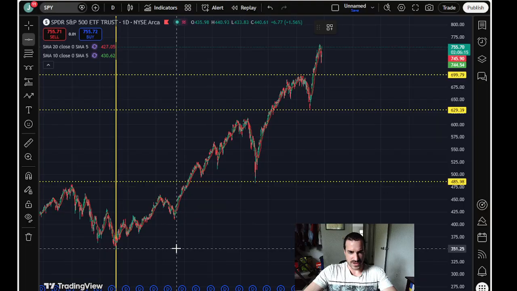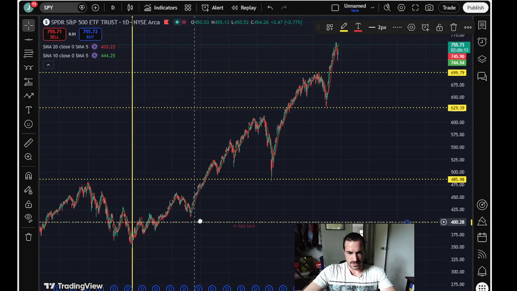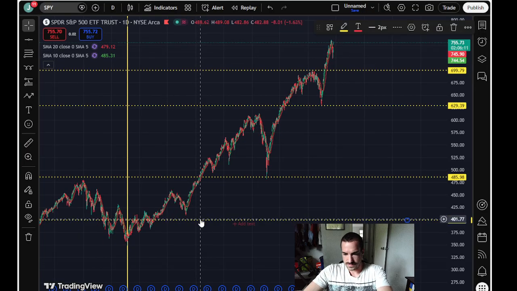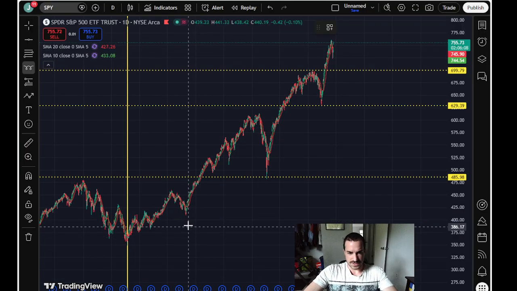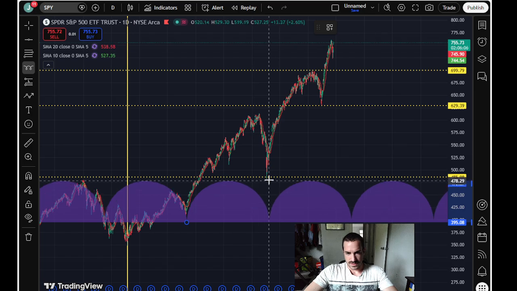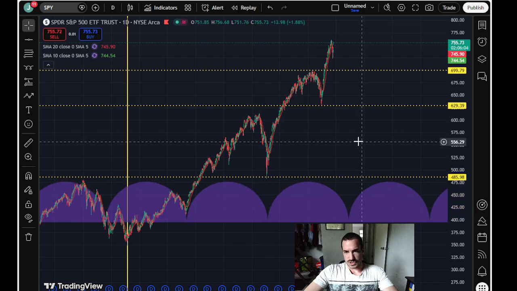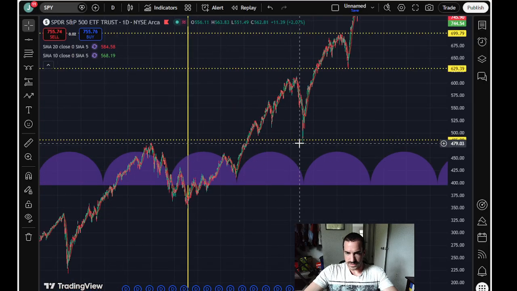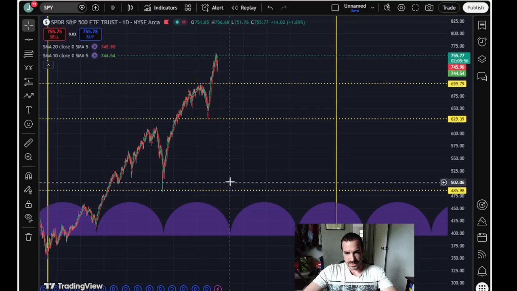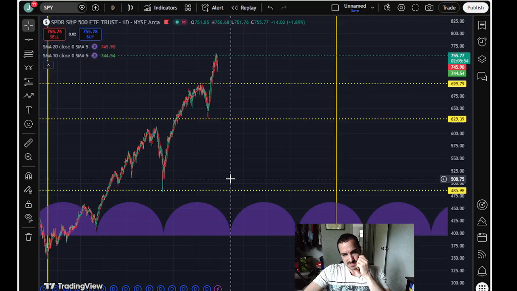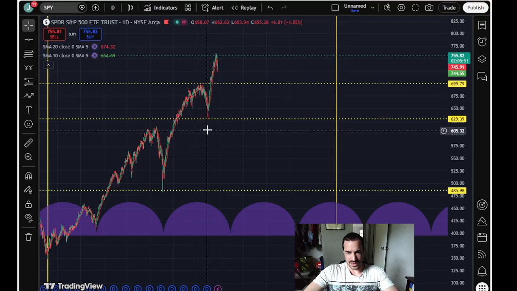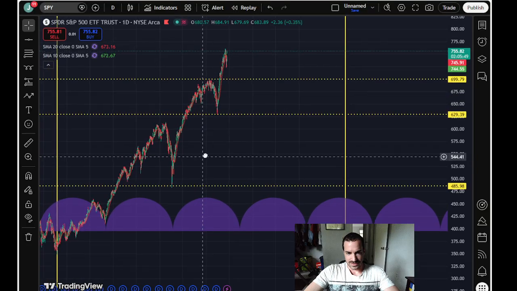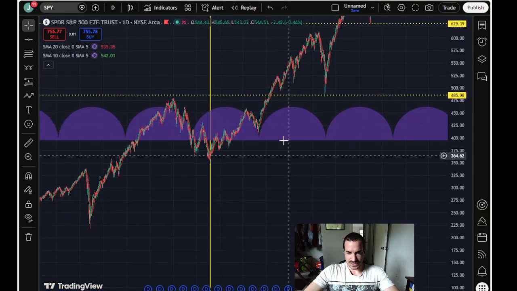So what's jumping out at me is this right here. Let's see if there's a correlation there. Not really. So we're matching up this trough to this trough, and then this trough possibly, except we had a trough right here. So I don't know if that's a good match.